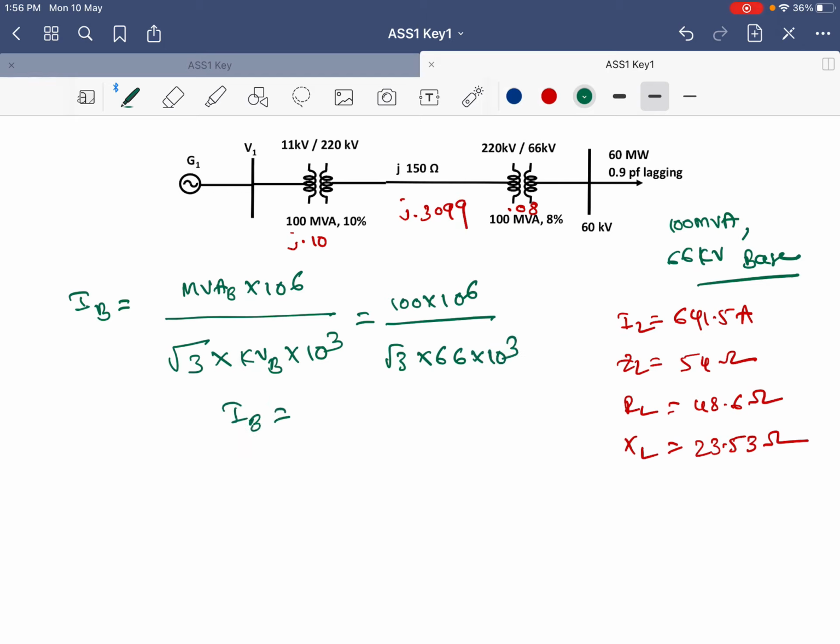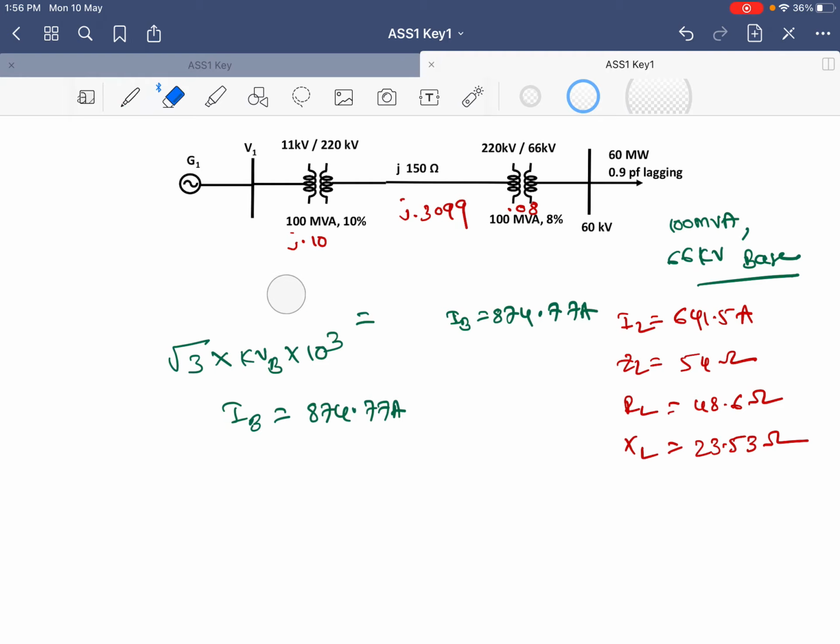The base current IB I am getting is 874.77 amperes. That is the first base value I am calculating.